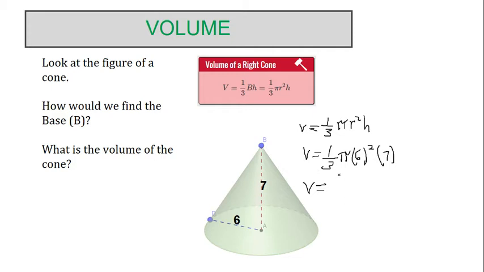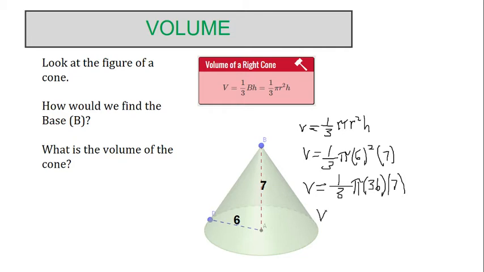Remember that the very first step after I plug in the values for the r and the h is to square that radius. So 6 squared is 36, times 7.